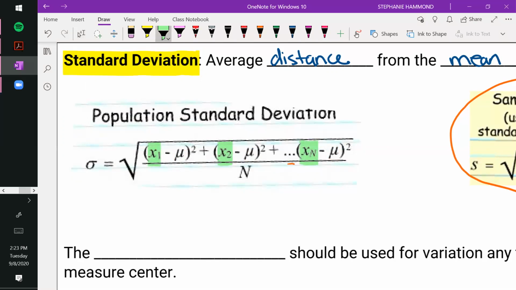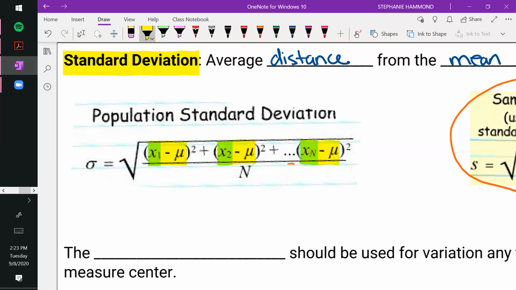That's every single value within the data set, every single number in the data set. So you can see what they're doing is they're taking each number in the data set, subtracting it from the mean. Take the second number in the data set, subtract it from the mean, which gives us the difference between each data point and the mean. Remember, we want the average distance from the mean. So there's all of our distances from the mean.